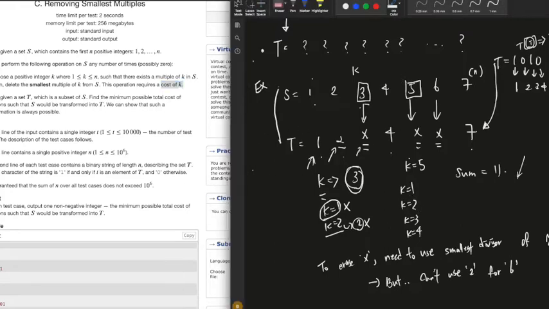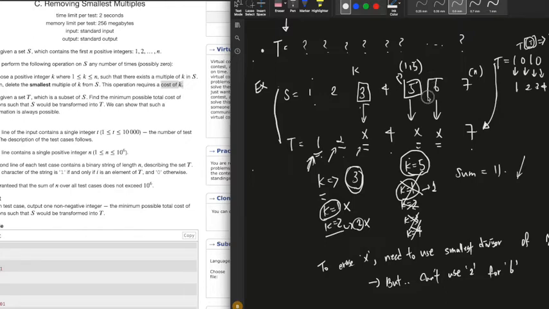But the divisors of 5 are only 1 and 5, so 2, 3, 4 cannot be the one. And when k is equal to 1, the smallest multiple of 1 will be 1. So this will point out only 1, not 5. So k equal to 1 will not be the right answer for 5. So we only have 5.